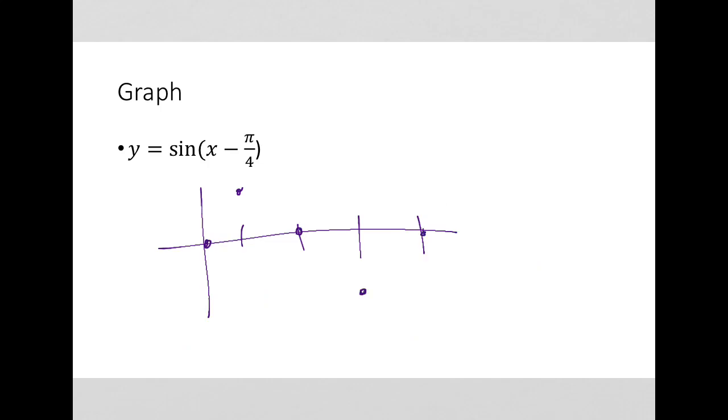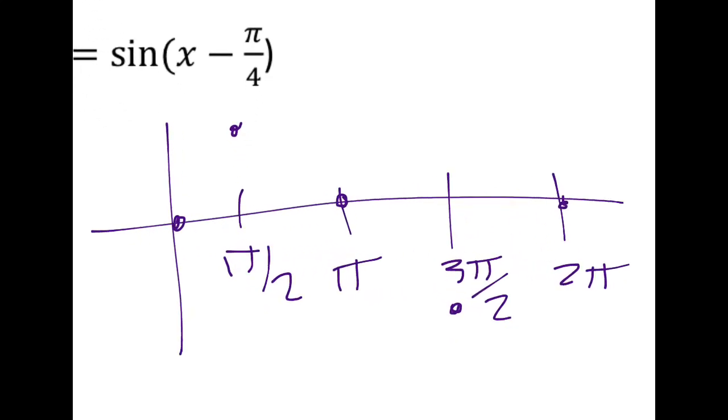But we're shifting this to the right by pi over 4. Well, let's label this because we need to figure out where pi over 4 is. So that's pi over 2. That's 3 pi over 2. So notice my scale currently does not have pi over 4 increments. So I need to split these in half because now it does have pi over 4 increments.